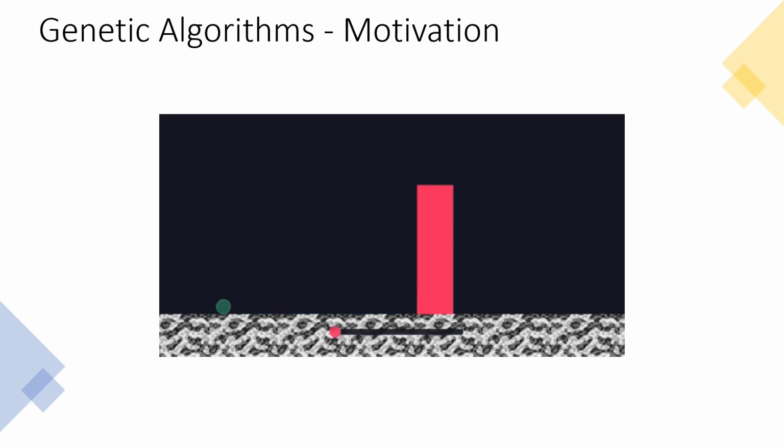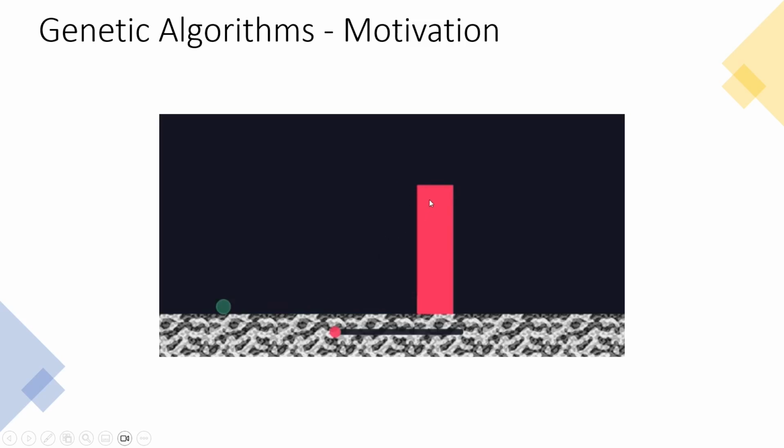So that's another application. That's basically a game where the ball needs to jump over this brick, right? And depending on from which location you start jumping and with which velocity on X and Y, you can either jump over this brick or you can crash into the brick.